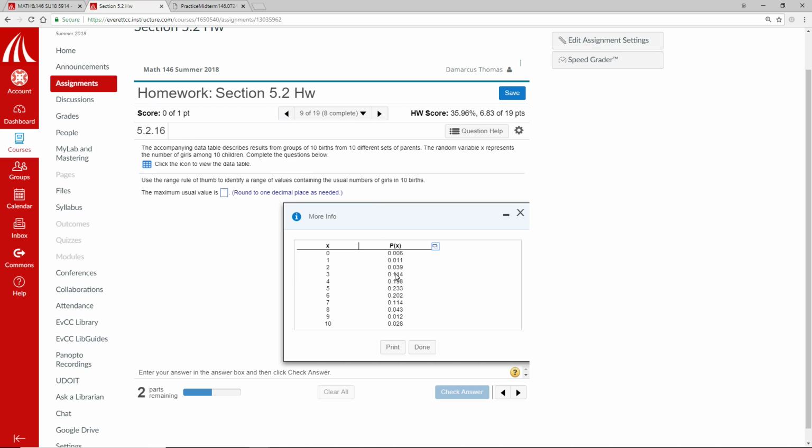So the usual number of girls would be anything greater than 5%. So from 7, the maximum number of girls we could get, we can expect a 7.